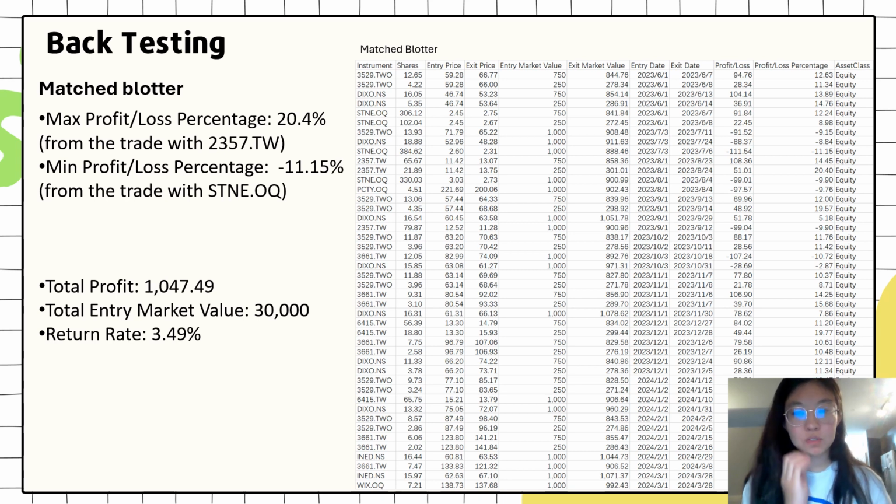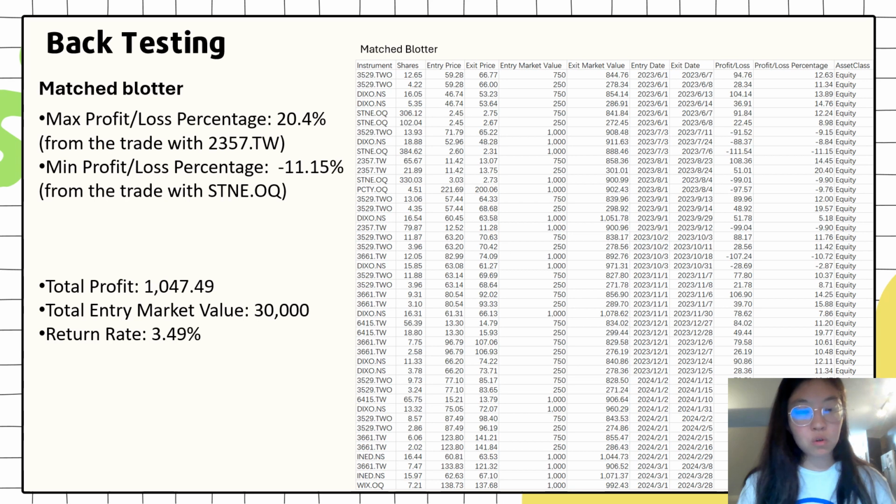You can see from this chart, our maximum profit is 20.4%, and our minimum loss percentage is minus 11.15%. This range demonstrates the ability of our strategy to both capture significant gains and mitigate loss effectively.